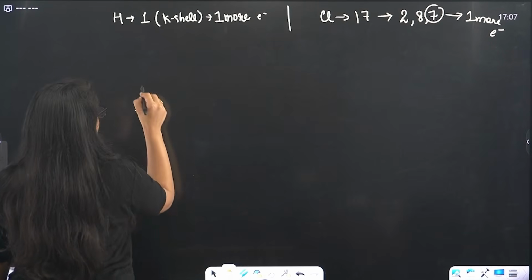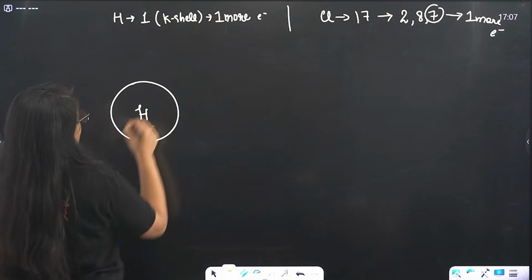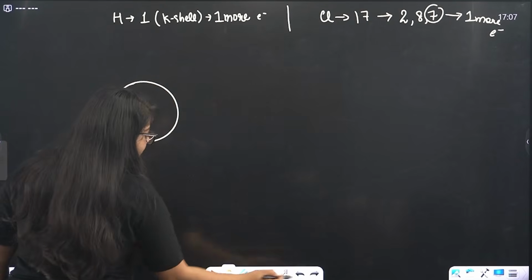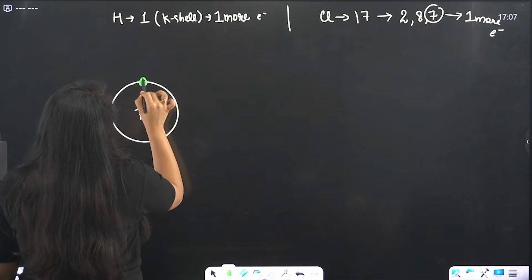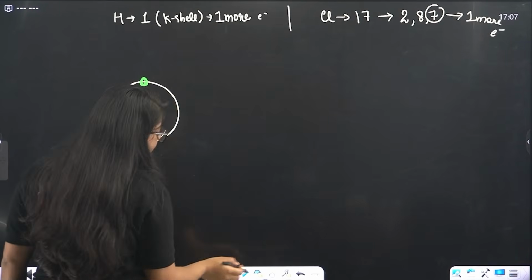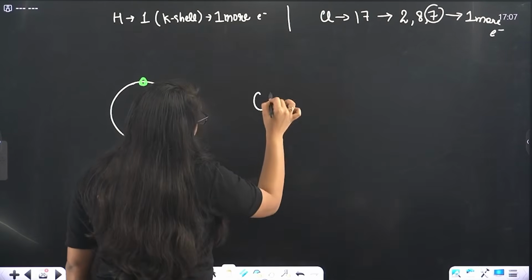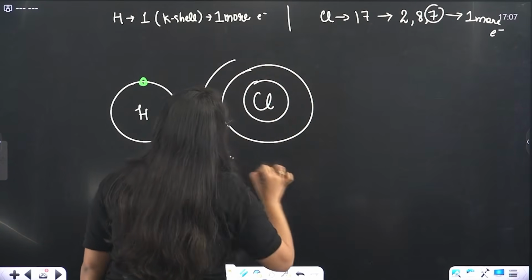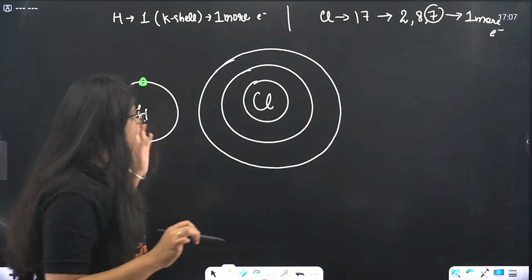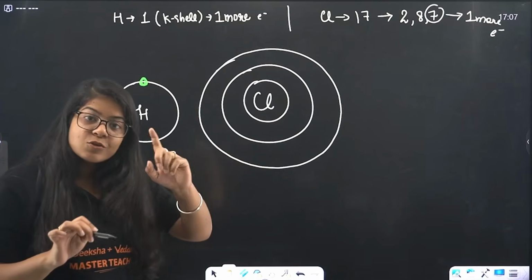Hydrogen's configuration is the K shell, so it only has 1 electron in it, right? I can see 1 electron. Then beta, I have chlorine. Chlorine will have the 1st shell, 2nd shell and 3rd shell.